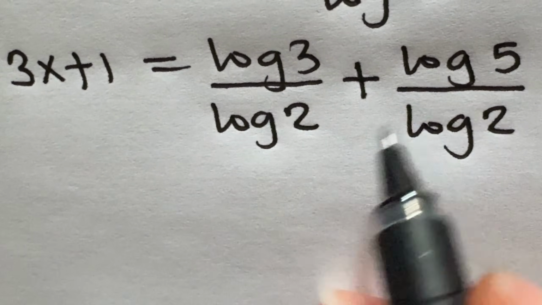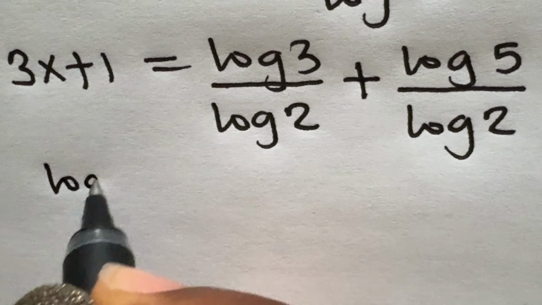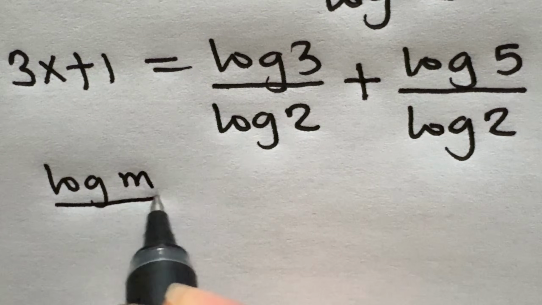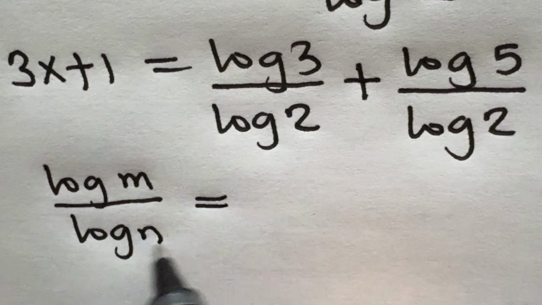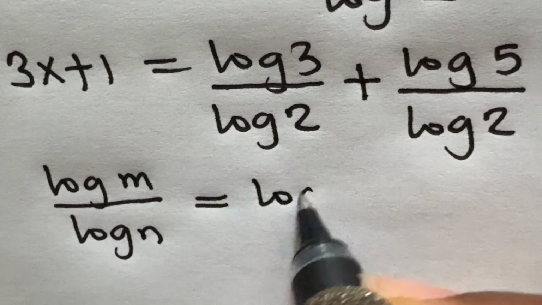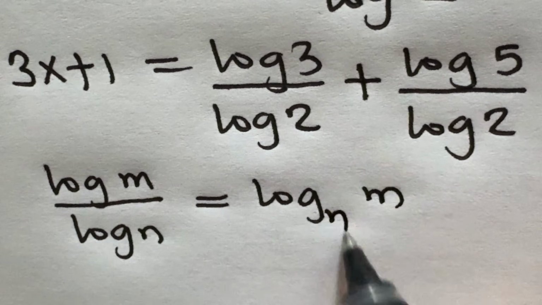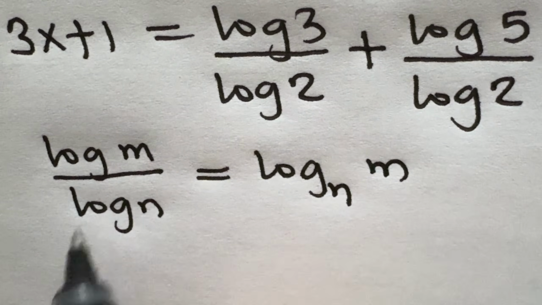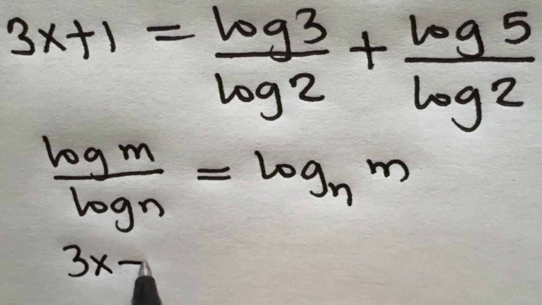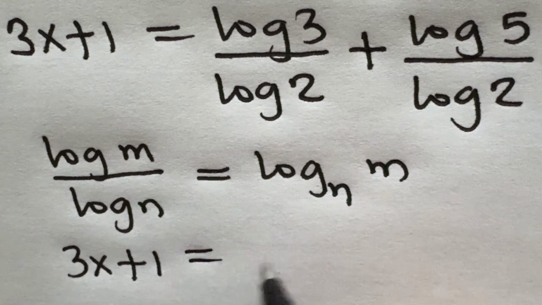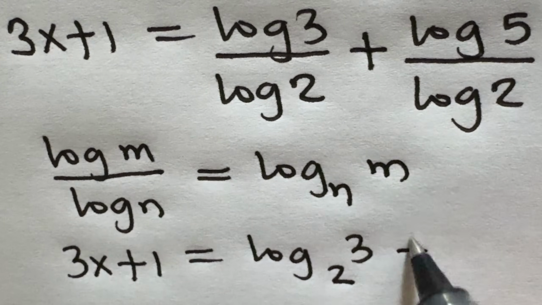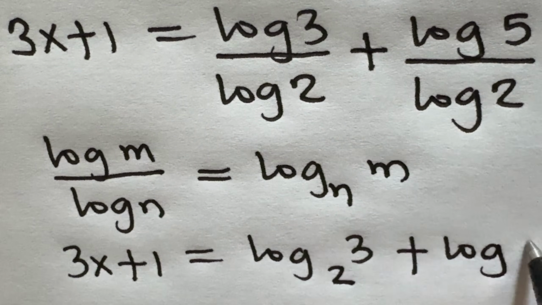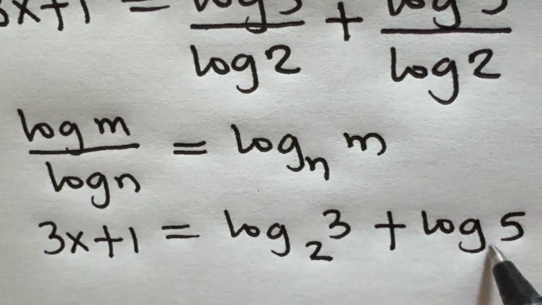Then these two expressions are of the form log m divided by log n. And in logarithm, you can simply write this as log m base n, giving us 3x plus 1 is equal to log 3 base 2 plus log 5 base 2.